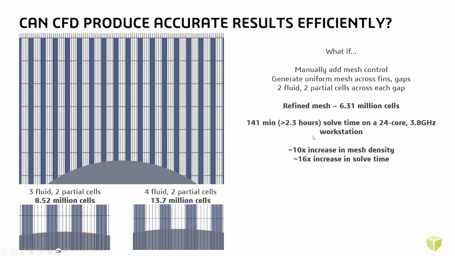So on my computer, and on the best computer, that was over 2 hours to solve with just the 2 cells in the gap on the 6 million cell count. Trying to improve that, 3 cells in each gap, 4 cells in each gap, I'm only getting higher and higher cell counts and longer solve times.